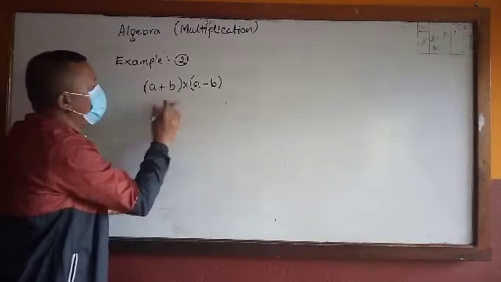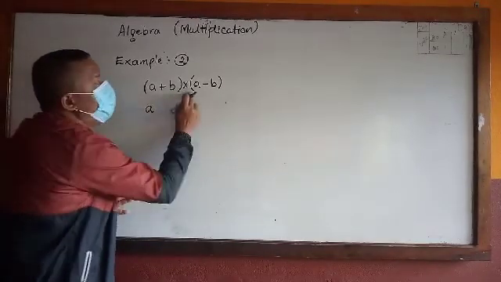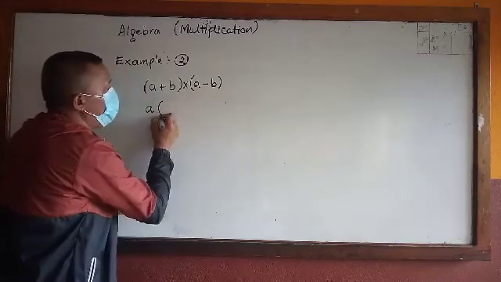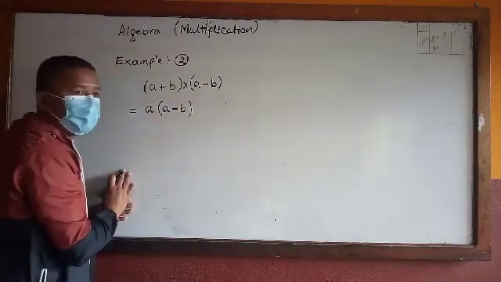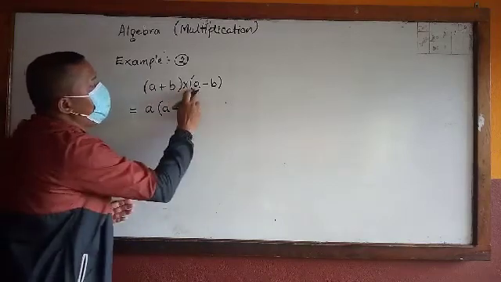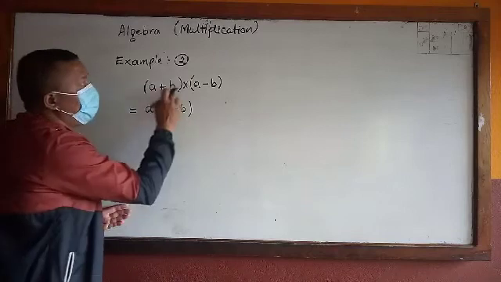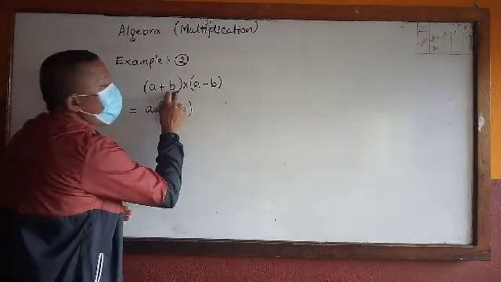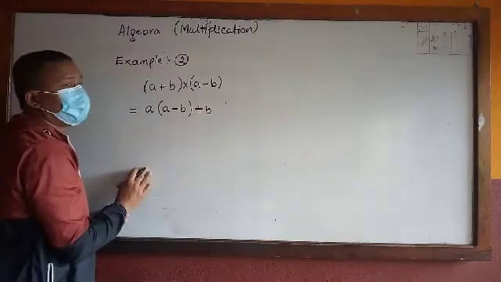We write a, or plus a, keep that a. Then after that, the bracket a minus b you will write. Then after there is plus b. Plus b you write here.